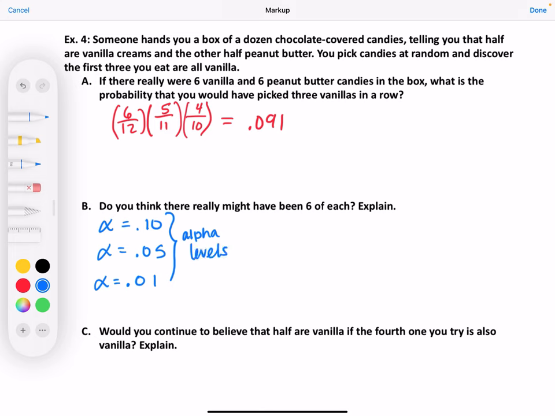So these are basically like, kind of like how accurate we want to be, in a sense. So this p-value is not too low.